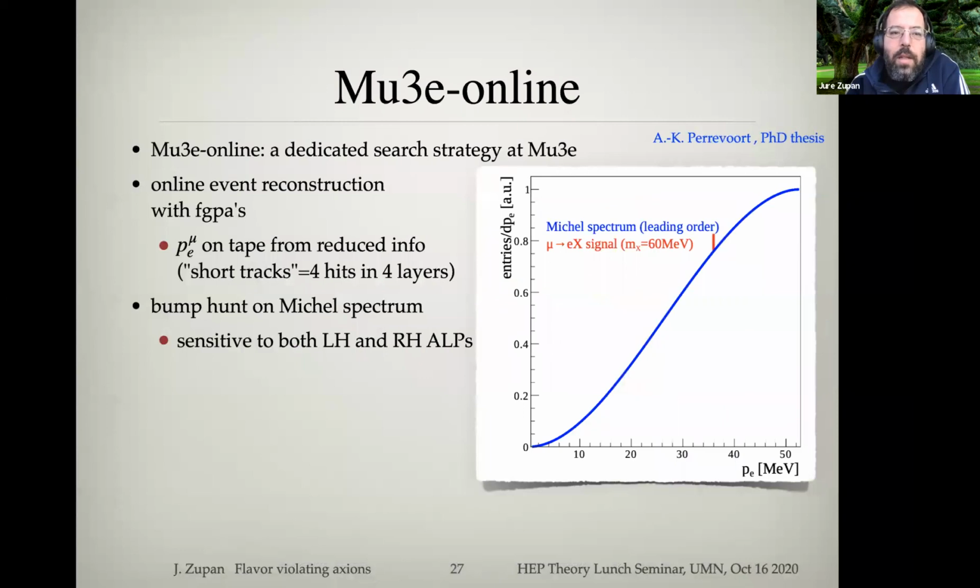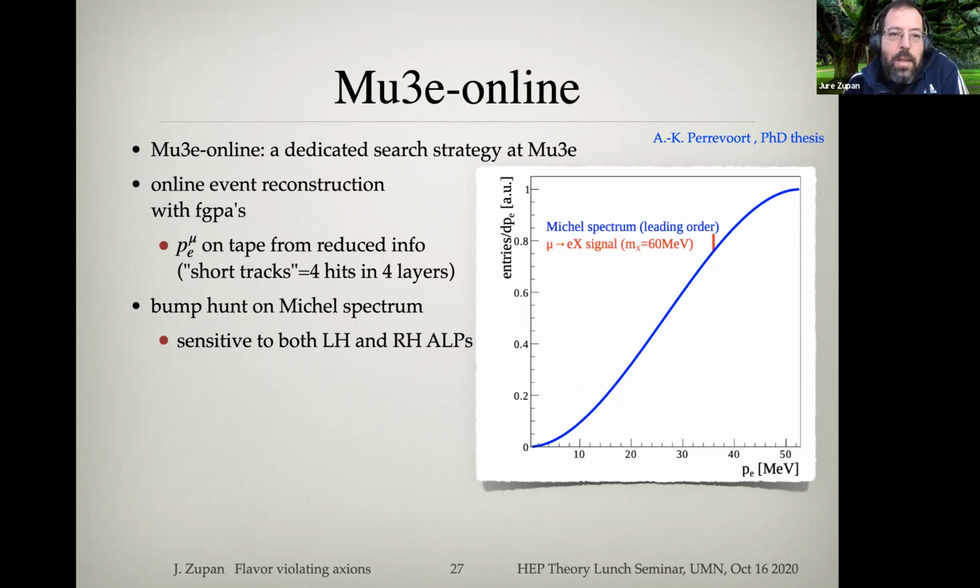All right, and then there's MEGII-3E. They can do a similar thing. They just search for a positron. They bin all the positrons that they have, and then they try to find the peak on the slowly sloping background.